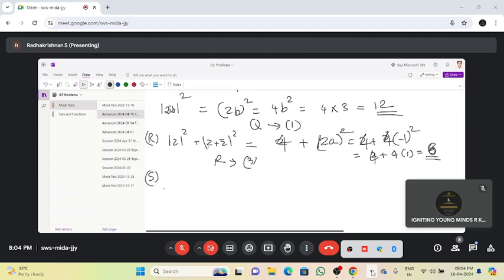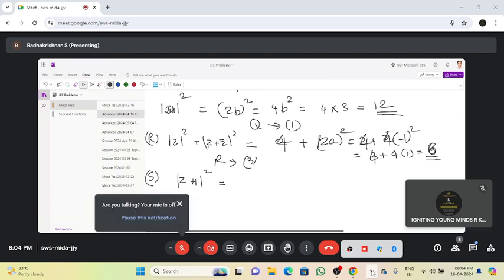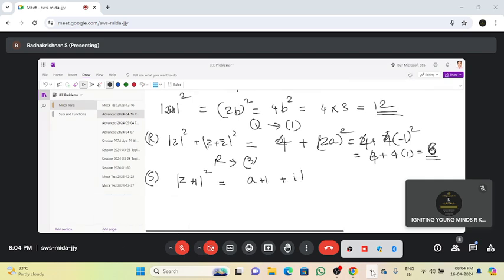So what is Z plus 1 the whole square? Z plus 1 mod square. So Z plus 1 will be A plus 1 plus IB. Okay. So A is 1. So this is 2, A plus 1 is 1 plus 1, and B is root 3.